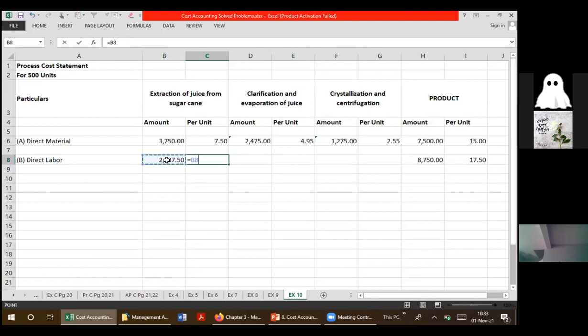Per unit will be 2,187.5 divided by 500. 4.38.